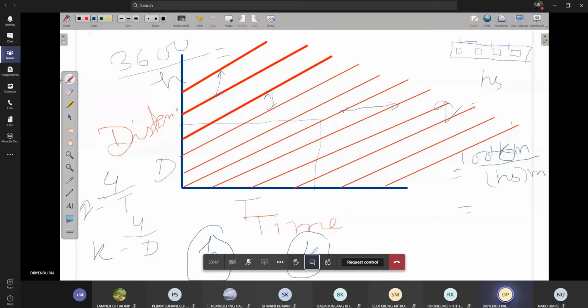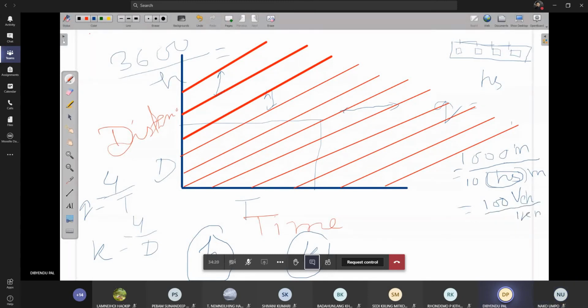So 1000 meters divided by the space headway. Say the space headway was around 10 meters. Then 1000 meters divided by 10 meters will give you 100. So this 100 indicates that there are 100 vehicles available within 1 kilometer distance.